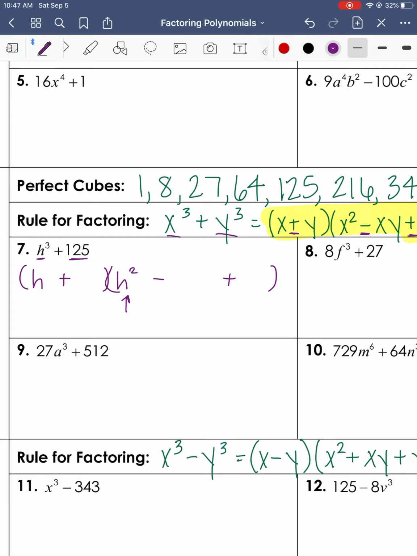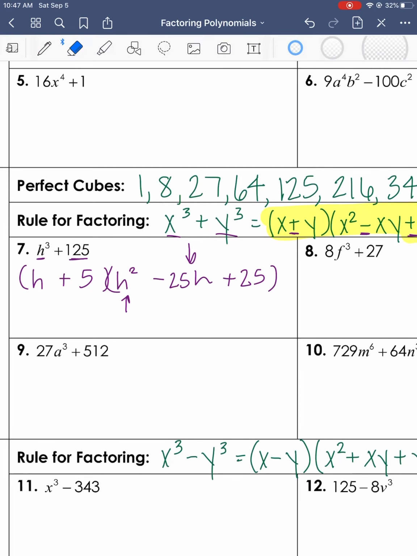Okay, and then the cubed root of the second term of 125 is going to be 5, so 5 is going to go here, 5 squared is going to go here, and this middle term here will just be the cubed roots being multiplied by each other, so then we'll have 25h. And that is your final answer.